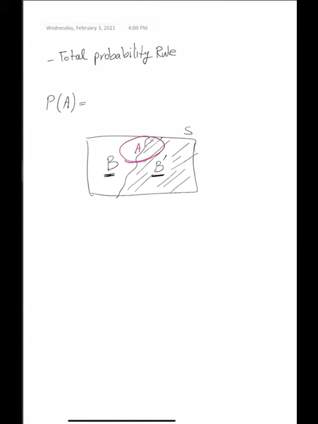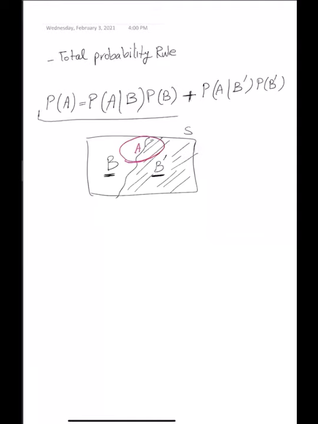So the probability of A is the probability of A given B multiplied by the probability of B, plus the probability of A given B complement multiplied by the probability of B complement. So basically I can do the calculations using this formula to find the probability of A.